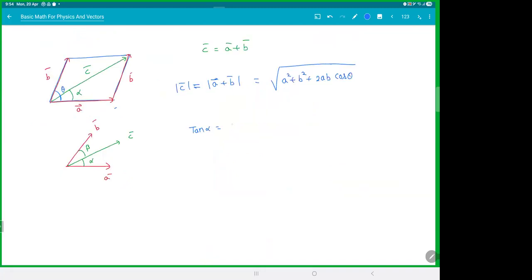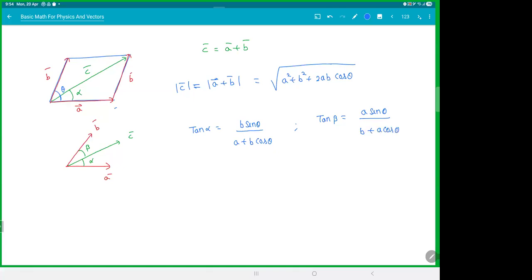You can note down these formulas; if you know better, you won't have to remember this otherwise. Similarly, tan beta: you just need to reverse A and B and you'll get this.